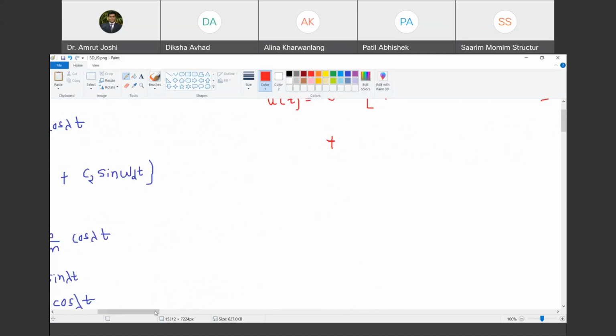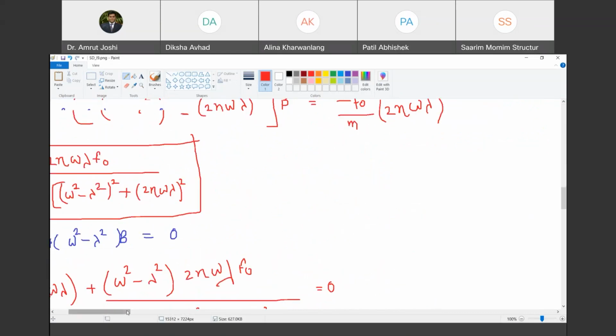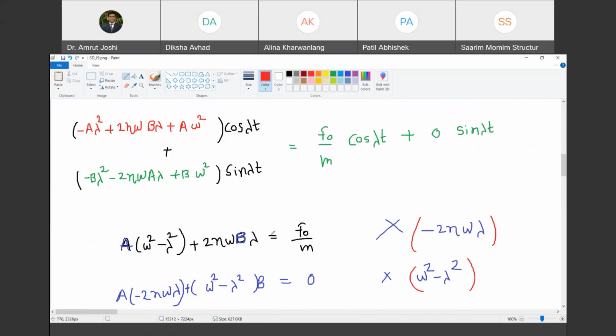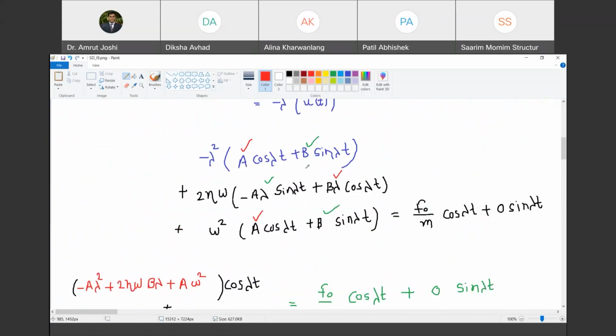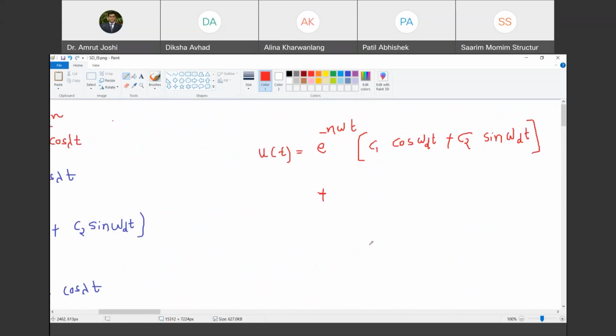So what is the value of pi? a cos lambda t plus b sin lambda t. So that's what I'm going to write. I will not complicate it. I will simply write it as a cos lambda t plus b sin lambda t.